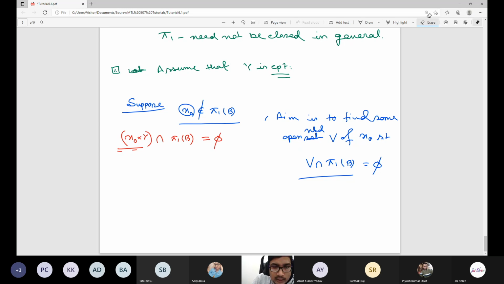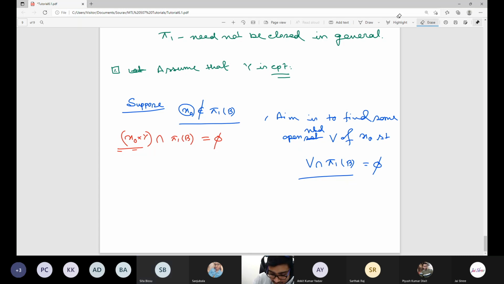Is there something wrong I have written? Sir, pi1(B) is a singleton set? Who said this? Is there anything wrong? Sir, we can't take x0 cross Y intersection pi1(B).